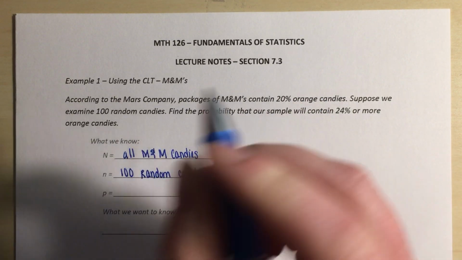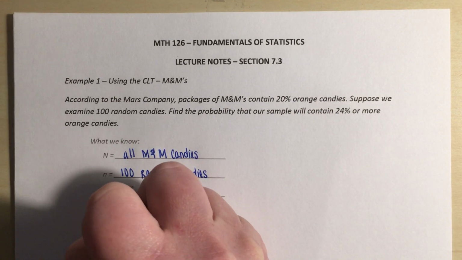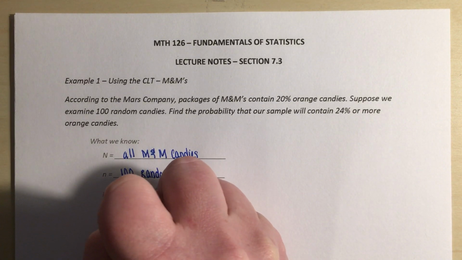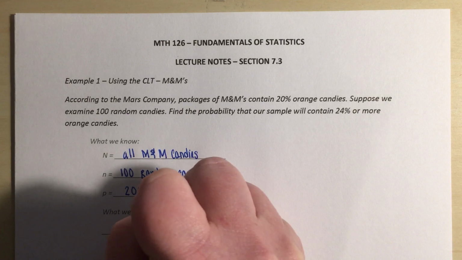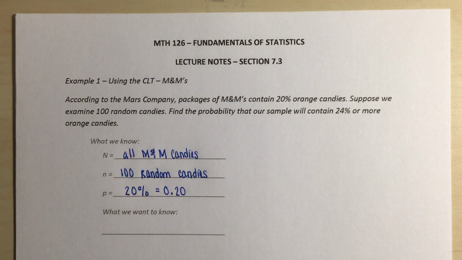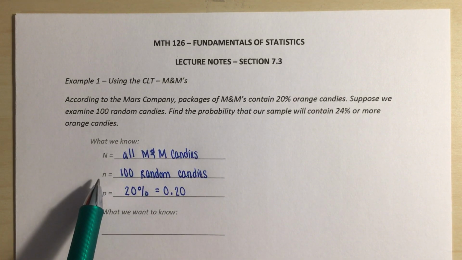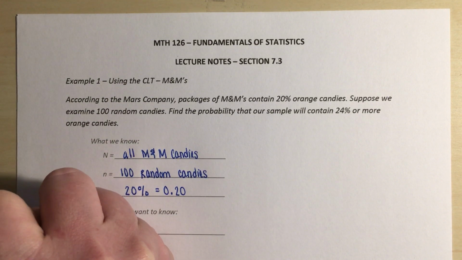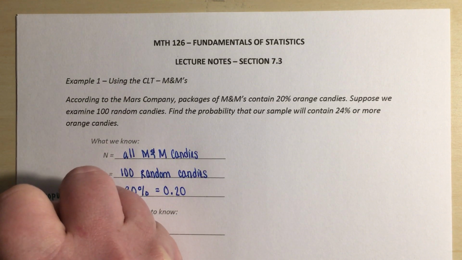Lowercase p is our population proportion. So this is 20%, which we are going to write as a decimal, 0.20. Again, this lowercase p is our population proportion.